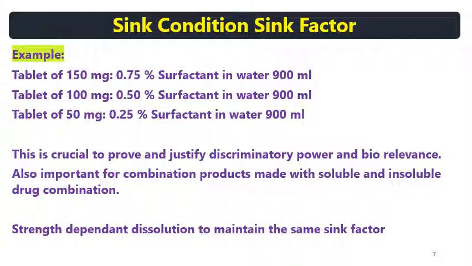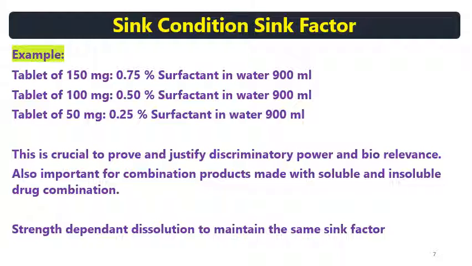If your formulation contains a combination of soluble and insoluble APIs, or a combination of insoluble APIs, then it becomes very important to have the discriminatory power for each strength, with strength dependent dissolution to maintain the same sink factor.